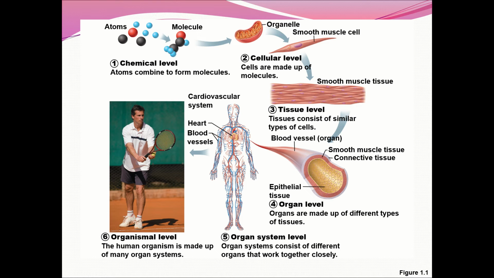So in number 5, the organ system level, we see that organ systems consist of different organs that work closely together. So the cardiovascular system, shown in this picture, includes the heart, which is the central pump that pumps blood into the red vessels here and carries them throughout the body.